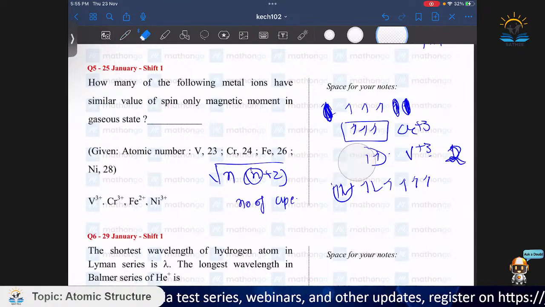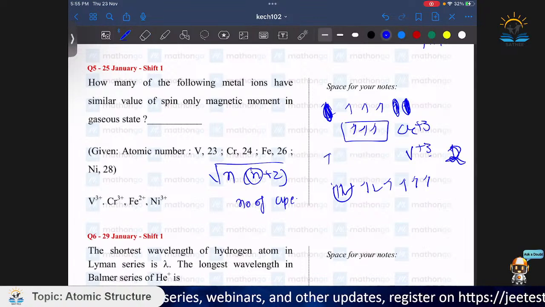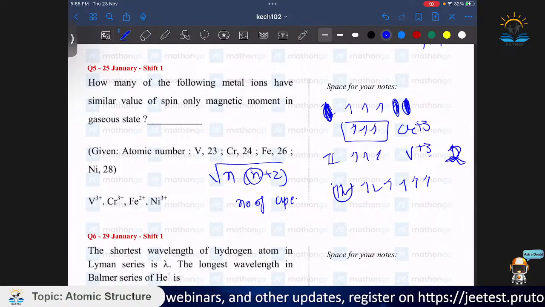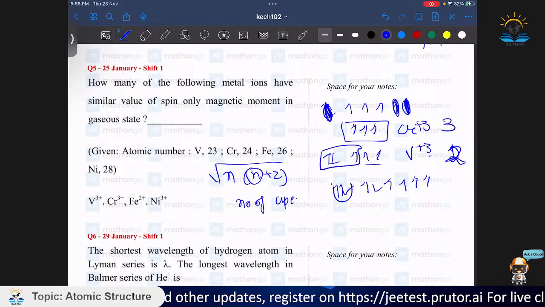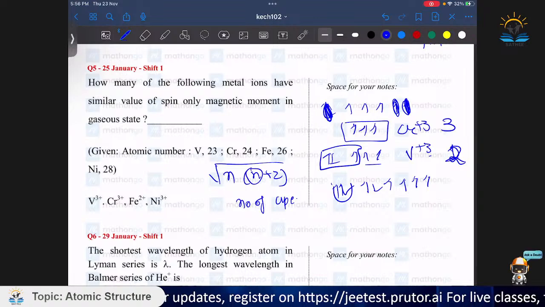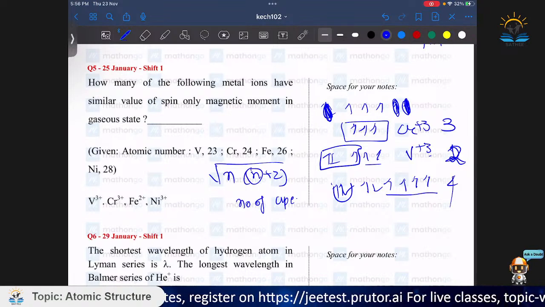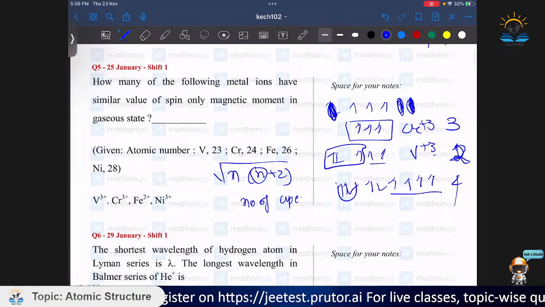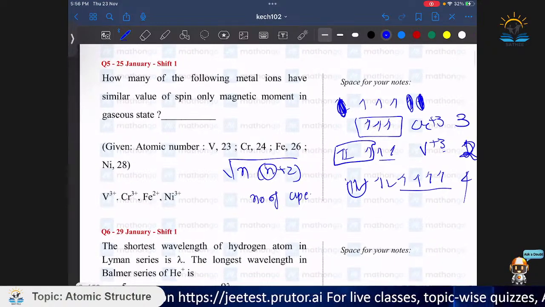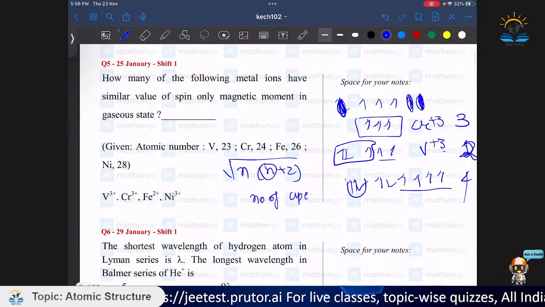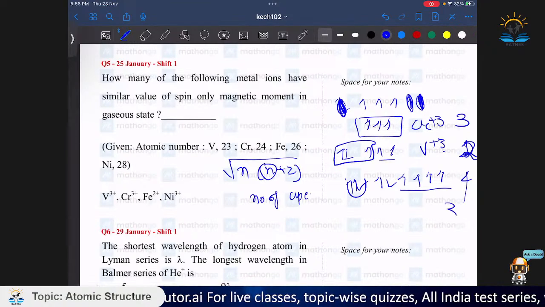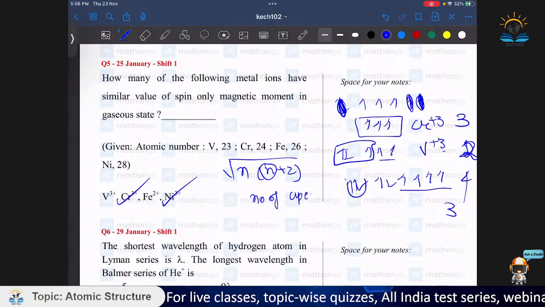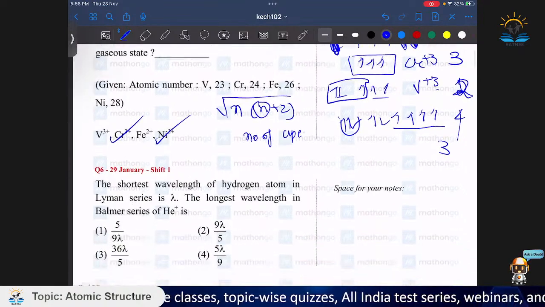So sorry. Vanadium, you will remove this much. So you have 2 unpaired electrons. Chromium has 3, vanadium has 2, Fe plus 2 you have 4. And nickel. Iron, cobalt, nickel, nickel plus 3. So you remove this and this. Nickel plus 3 may be 3. So chromium and nickel will be having same spin only magnetic moment.